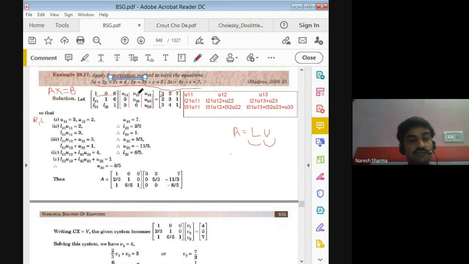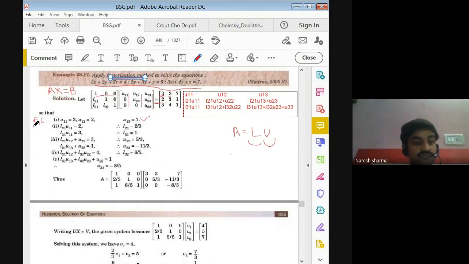The first row with the second column is the 1 2 position, and the first row with the third column is the 1 3 position. So once you multiply, you get the first row of the product, and since LU is equal to the matrix A, u11 is equal to 3, u12 is equal to 2, and u13 is equal to 7. So in the first step we get the values of u11, u12 and u13.